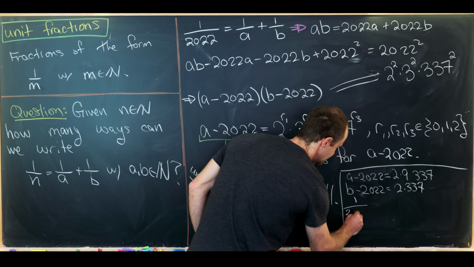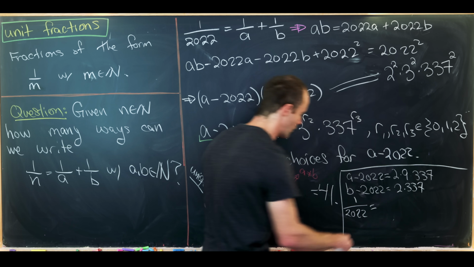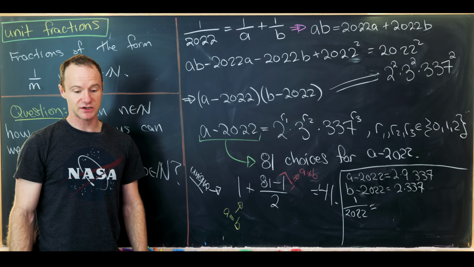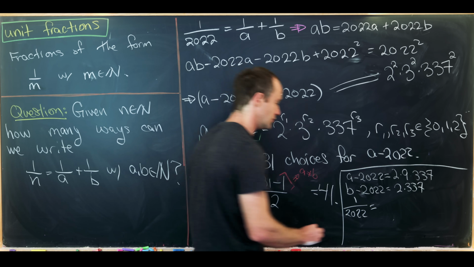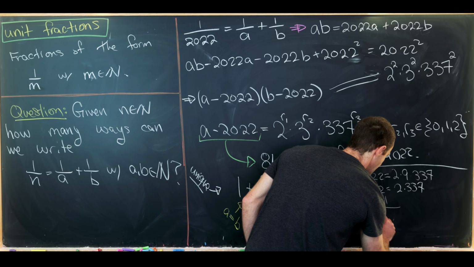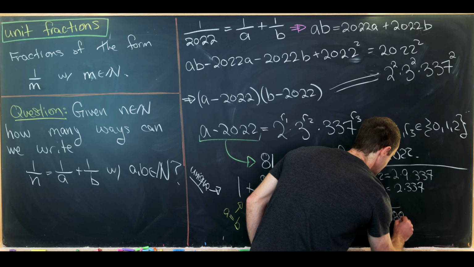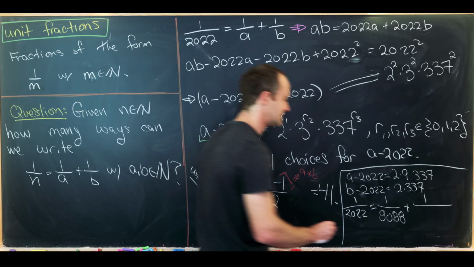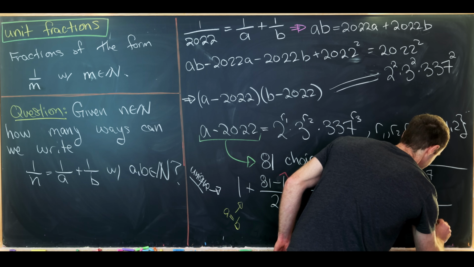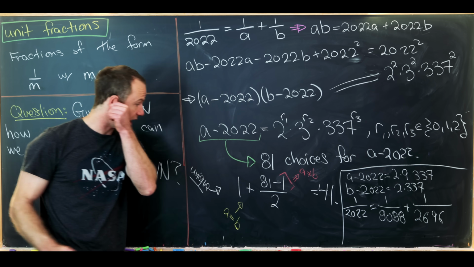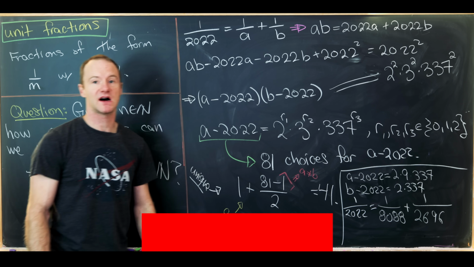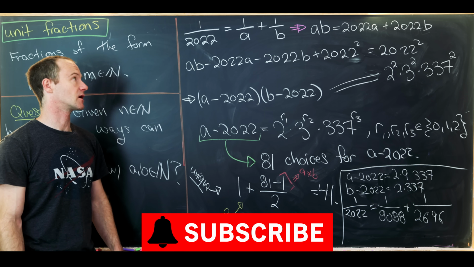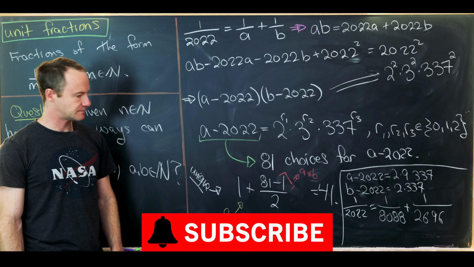And that gives us the decomposition of 1 over 2022 is equal to 1 over 8088 plus 1 over 2696. Great. So that would be one of these 41 possible ways of decomposing our 1 over 2022.